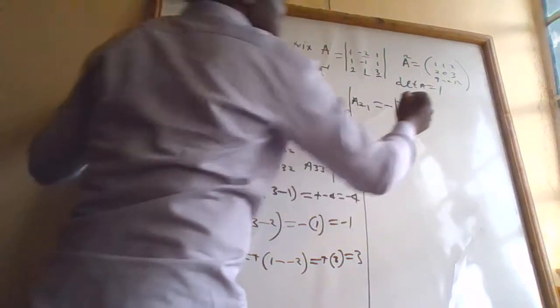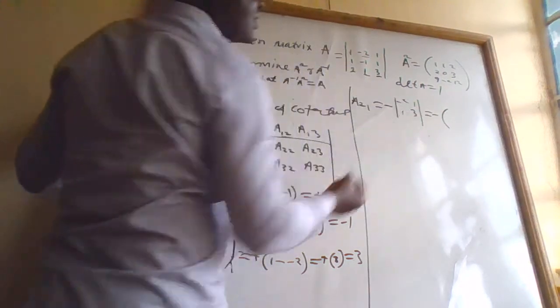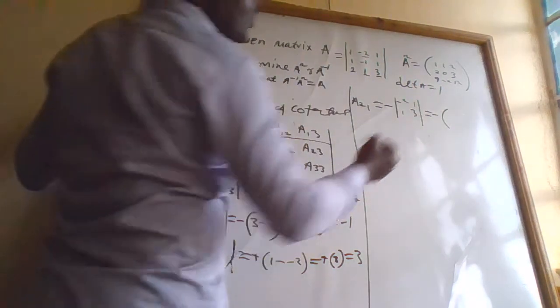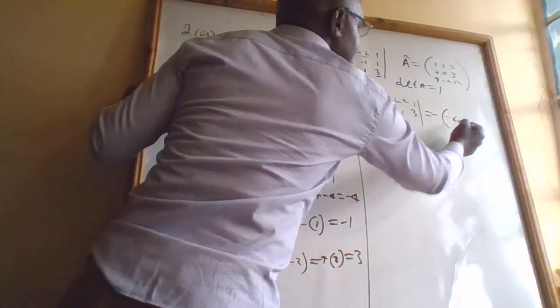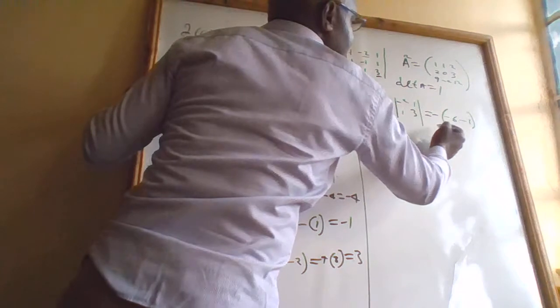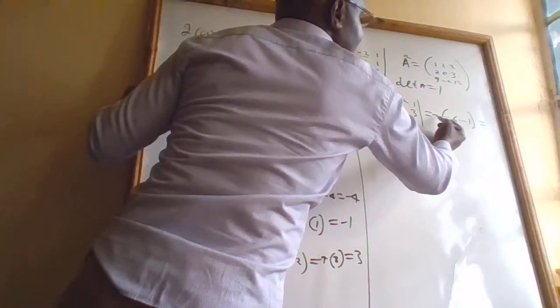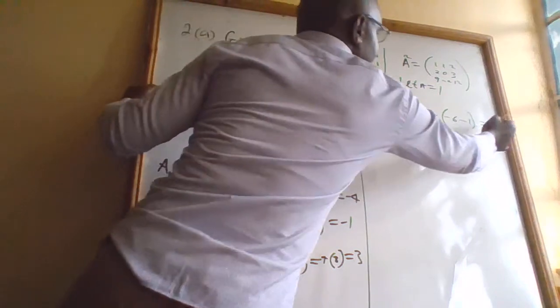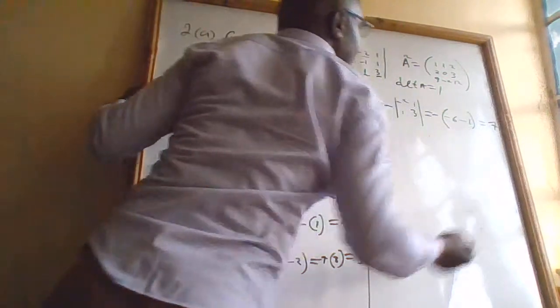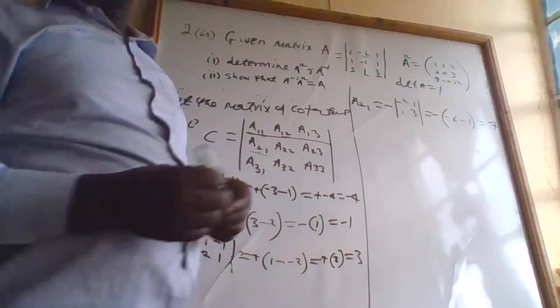So this equals minus into 3 times negative 2, we have negative 6, then minus 1 times 1, which is 1. So this equals negative 7, so it turns out to be positive 7.